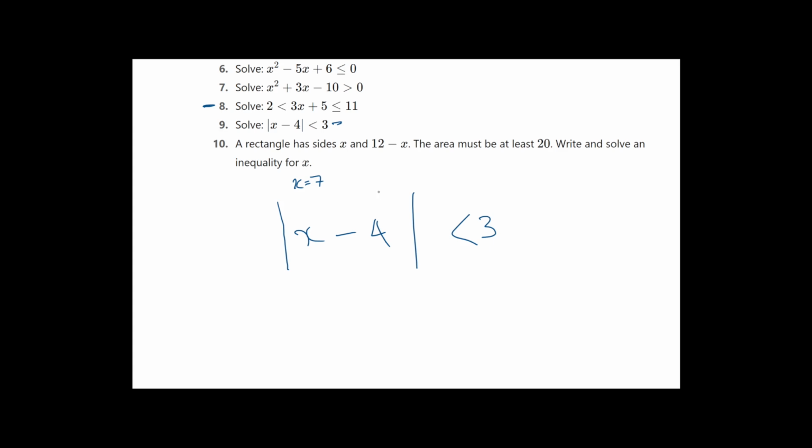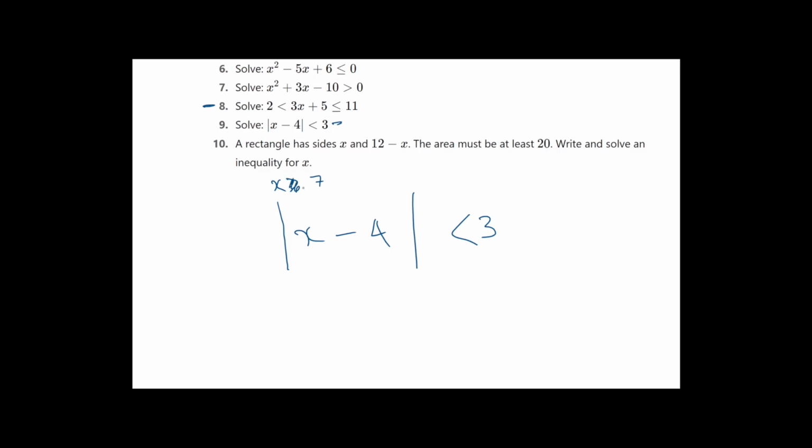but any number greater than 7, so x greater than 7, would give us a true equation. So 7.1 minus 4 would be 3.1, which is indeed greater than 3.